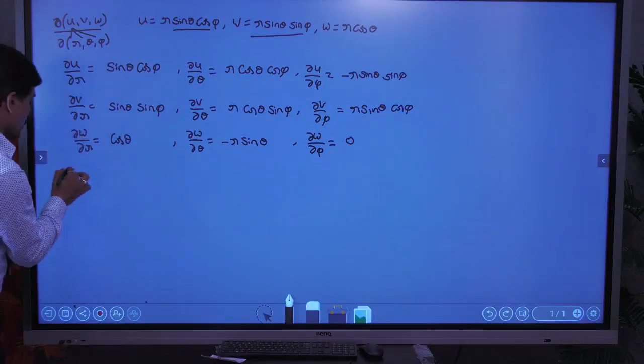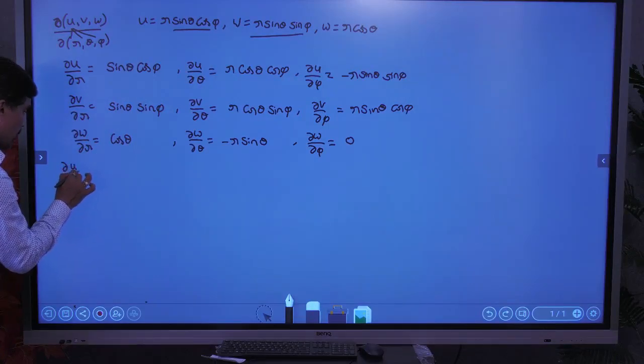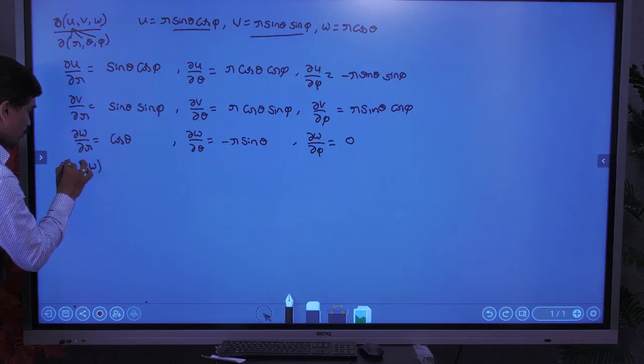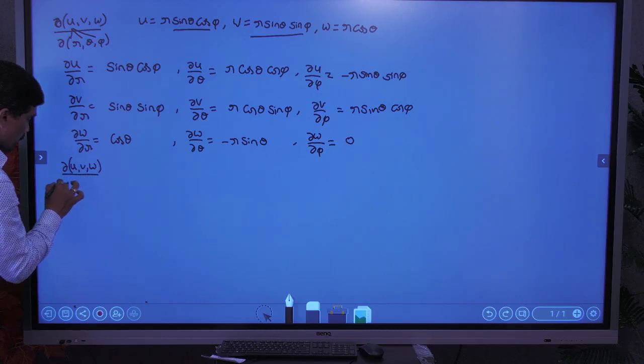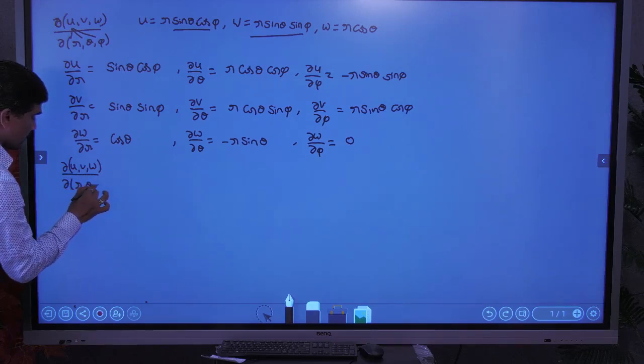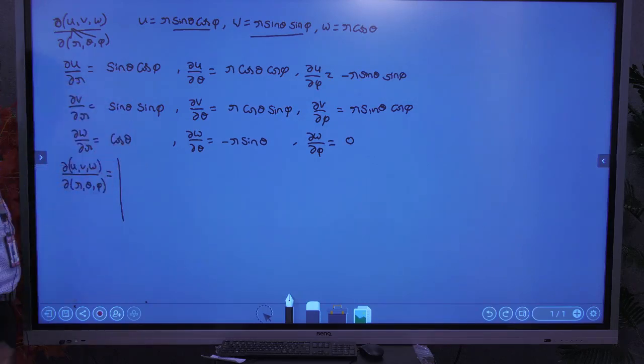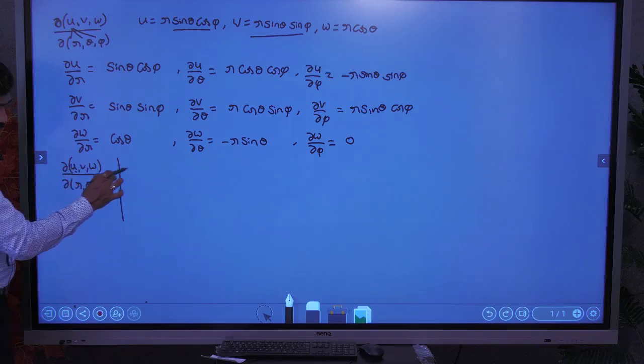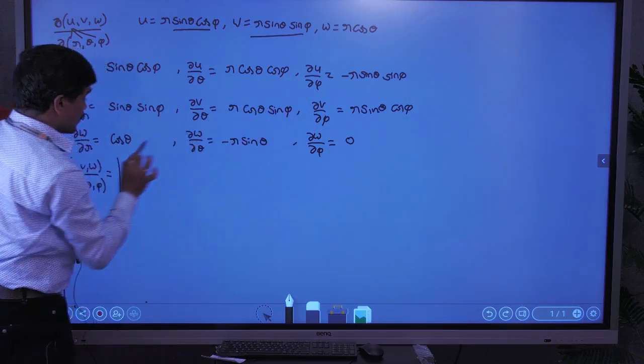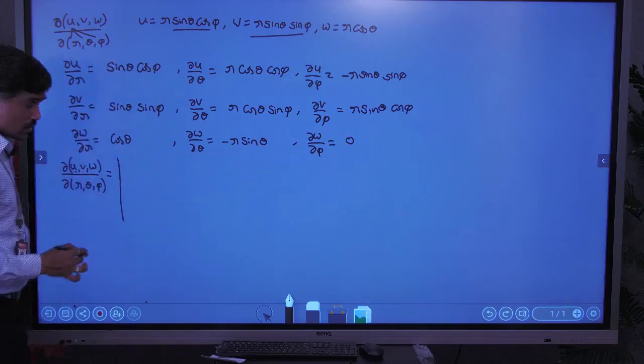Now take ∂(u,v,w)/∂(r,θ,φ). That is equal to, so substitute these values in the determinant. Take ∂u/∂r, ∂u/∂θ, ∂u/∂φ in the first row. Similarly, the v derivatives are in the second row and the w derivatives in the third row, right?